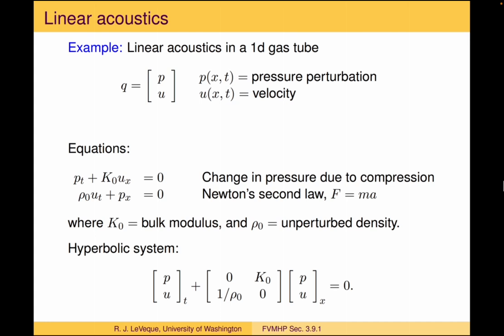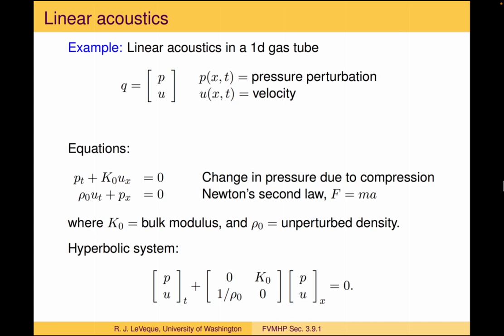So this is the system of equations for perturbations in pressure and velocity when we linearize about some constant state. And here I'll assume that the constant state has zero velocity that we're linearizing about, so it's gas at rest. But we have some small pressure perturbation perhaps initially, and then the perturbation satisfies this linear system of equations where K0 is some constant we saw comes out of the linearization, the bulk modulus, and rho 0 is our unperturbed density, and we end up with this hyperbolic system.